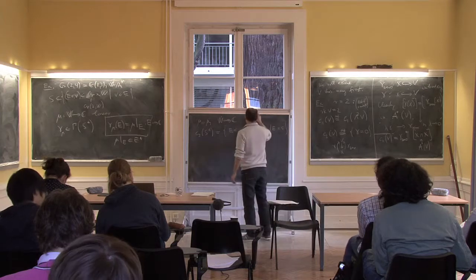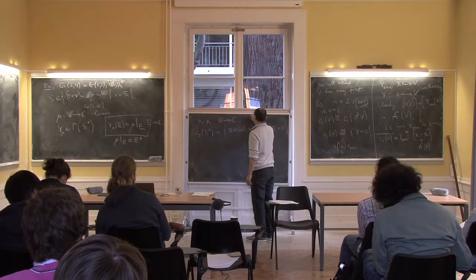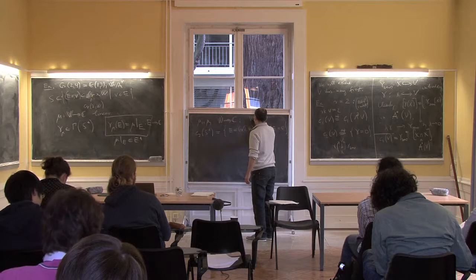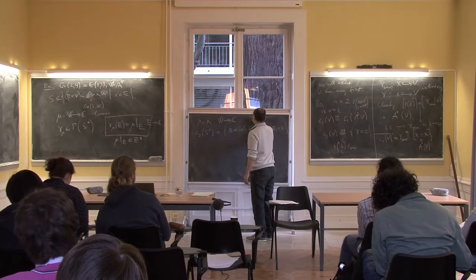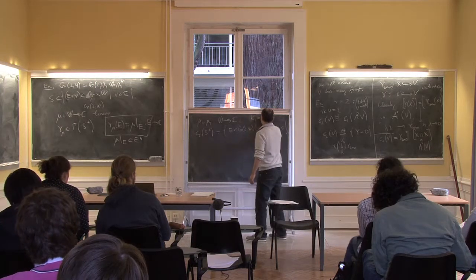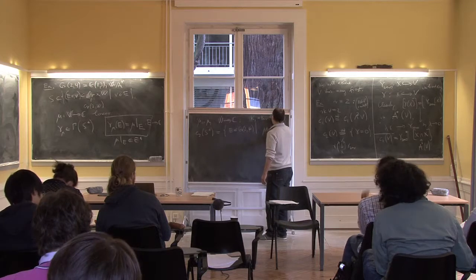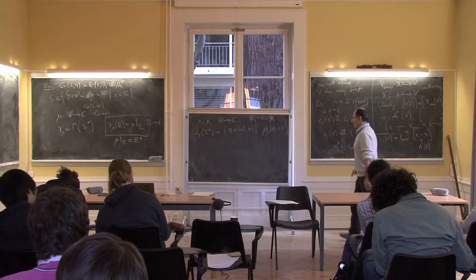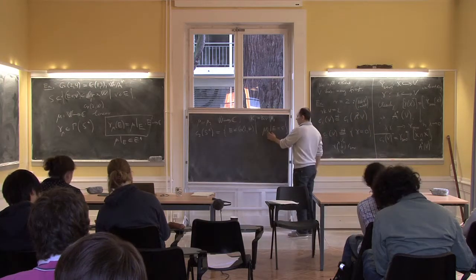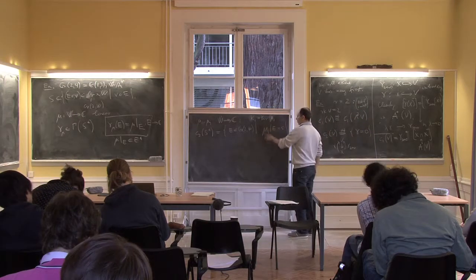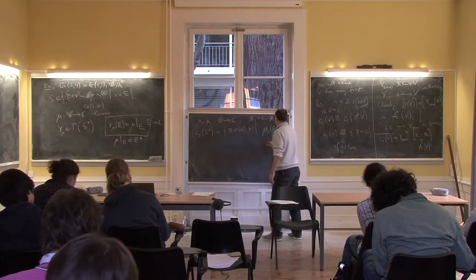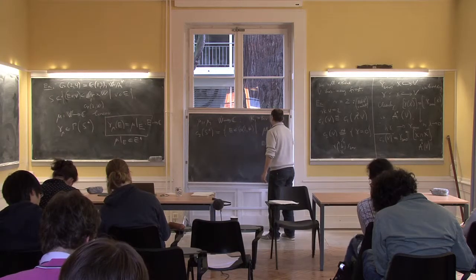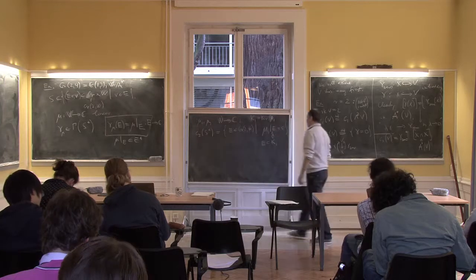If I take the space, let's call it K1, just the kernel of mu1, this is a three-dimensional subspace. Then this simply means that E is in this space K1.